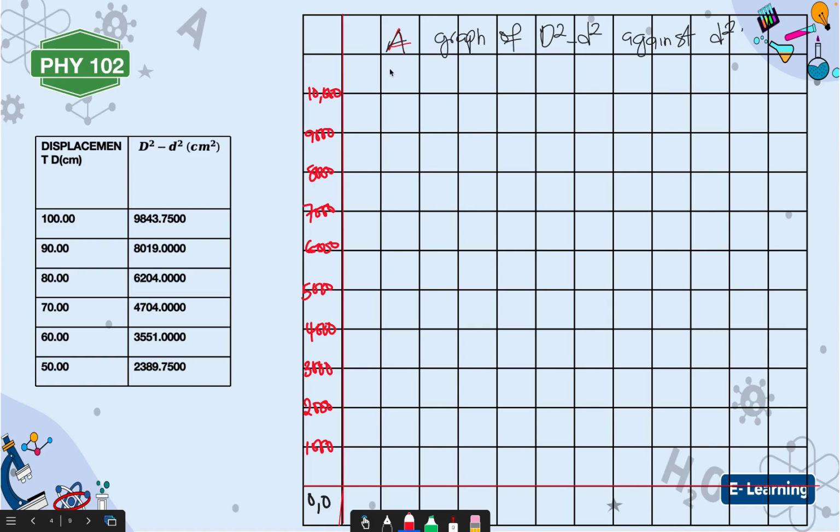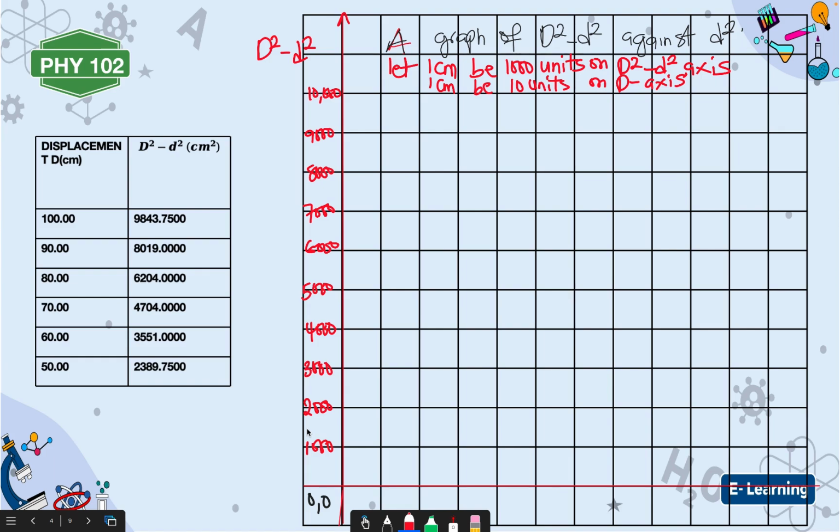So we can say, for the scale, let 1 centimeter be 1000 units on the d square minus d square axis. That is this axis here. This is the y axis, which is the d square minus d square axis. And in the same way, let 1 centimeter be 10 units on the d axis.